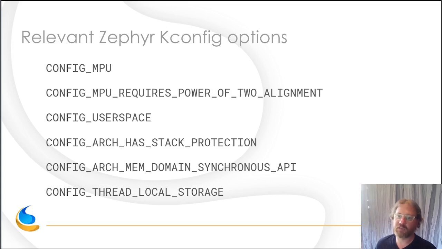This is the case where if you don't have any privilege levels, you don't have any need for a separate user space. So that can be turned on and off, and all these features can be turned on and off at compile time, including the memory domains I just talked about, power of 2 alignment for various regions, and MPU support. All these things are optional in Zephyr.